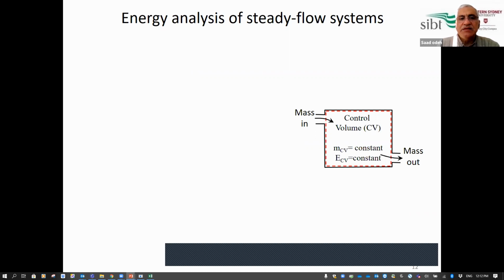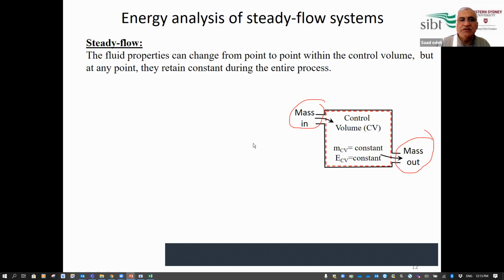Okay. So for this type of system, as you can see, we have a flow of fluid entering the system and fluid leaving the system. In this kind of system, if you want to apply the energy equation, the mass balance, we know it: all the mass flow rate at the inlet should equal the mass flow rate at the exit, correct?